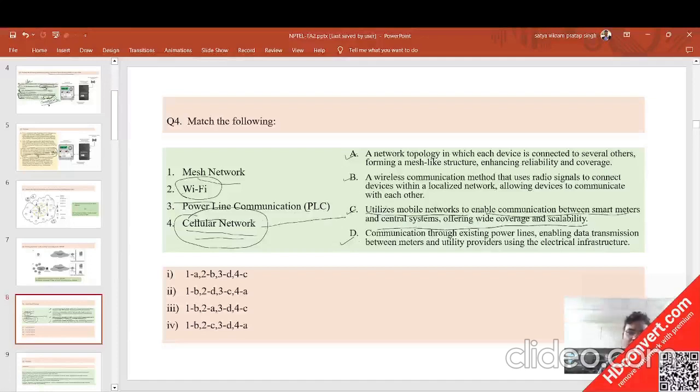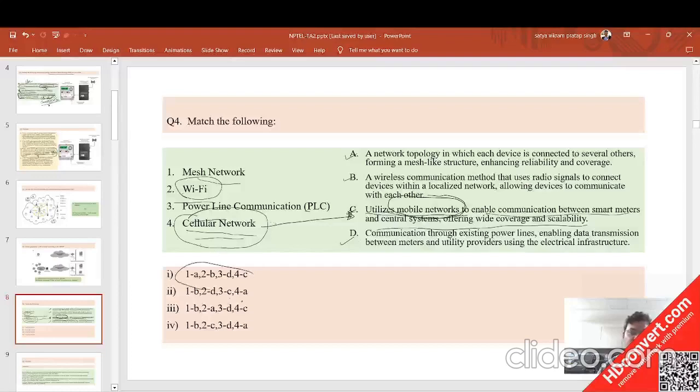It means that the fourth is connected to C. Why? Because it is talking about mobile networks. A mobile network is radio frequency communication, that is a cellular network based system. And the fourth is connected to C.